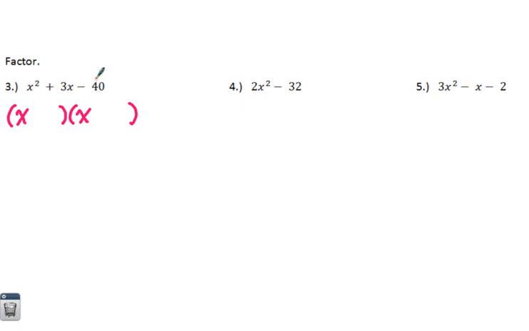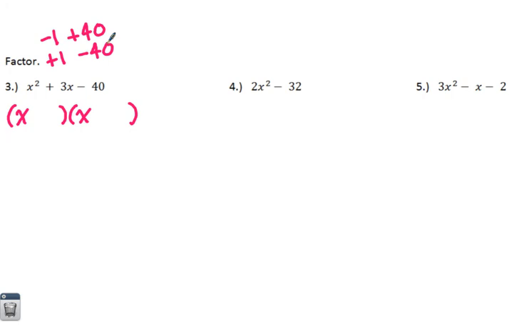And start off systematically, like, well, negative 1 and positive 40, that's a possibility to get my negative 40, but does that add up to positive 3? Nope. Don't forget that you switch the signs there, positive 1 and negative 40. That's also a possibility to get negative 40, but those do not add up to positive 3.